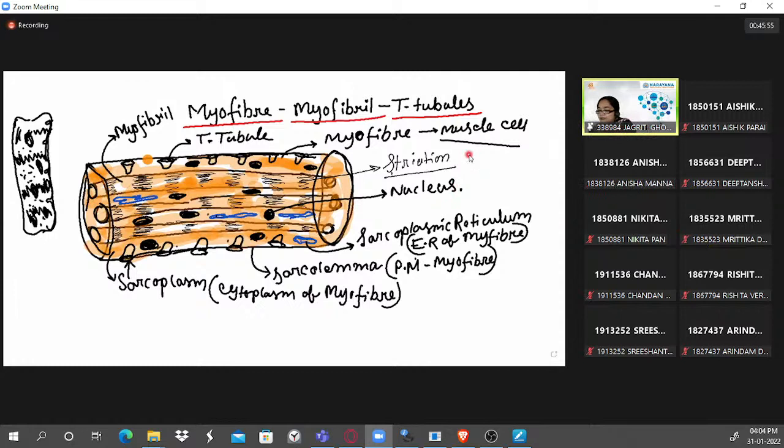Next class I will let you know the function of the T tubule, because its function is important in contraction and relaxation of the cell.